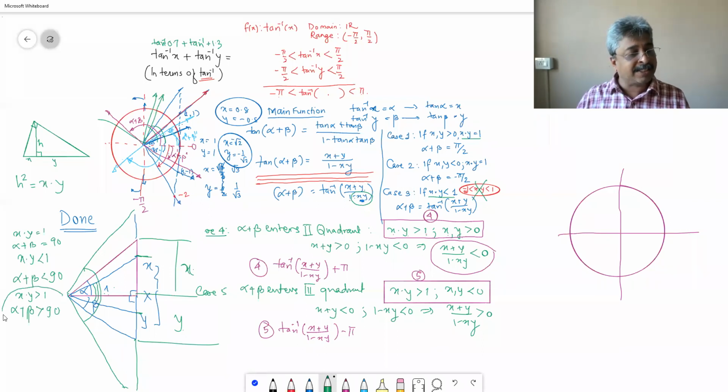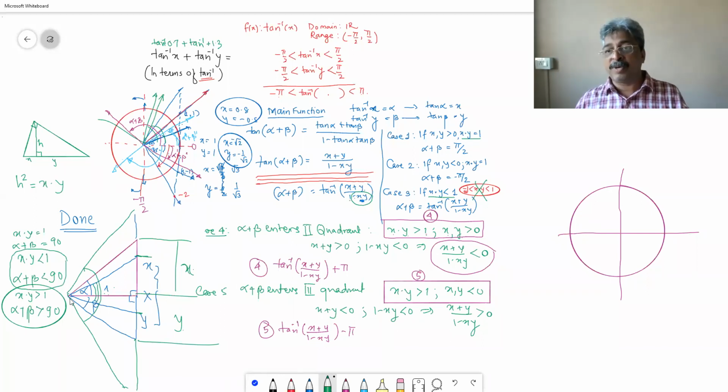So this is dangerous case because it is exceeding 90 degree or minus 90 degree. This is safest case because you remain in plus to minus 90 degree, and this is the special. Our case 1 and case 2 belong to this. Case 3 is this safe case, and case 4 and 5 belong to this.